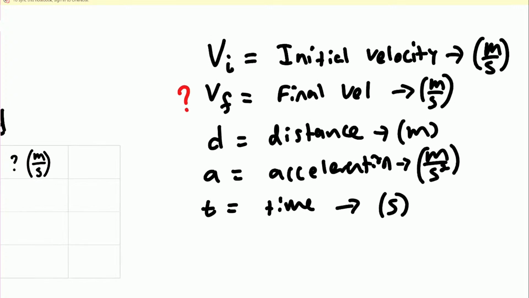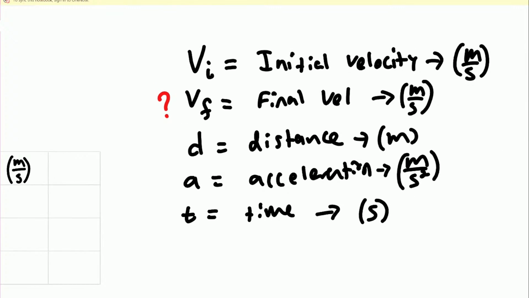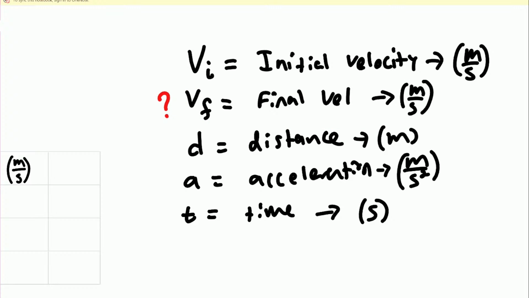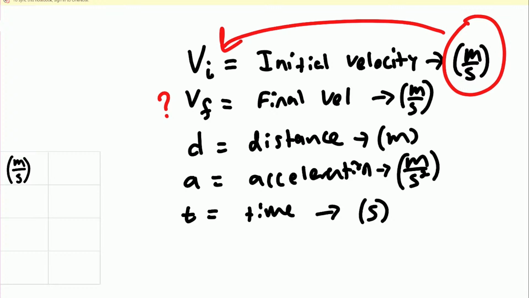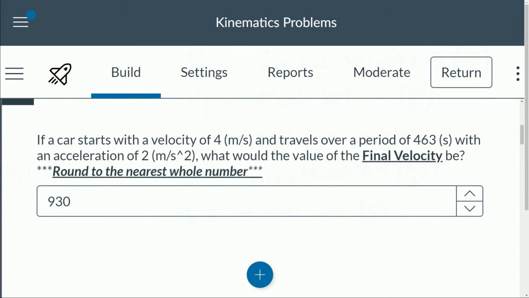Okay. So since this is meters per second, and I'm trying to find final velocity, which has units of meters per second, the only other variable that has units of meters per second would be initial velocity. Does that make sense? And we can also see that it starts with a velocity of 4 meters per second.